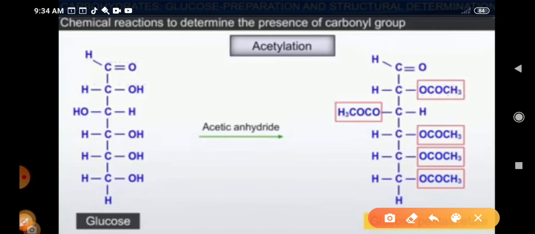That shows the presence of 5 OH groups. OH group means hydroxyl group. So the presence of 5 hydroxyl groups is confirmed by this reaction, and this reaction is called the acetylation reaction.